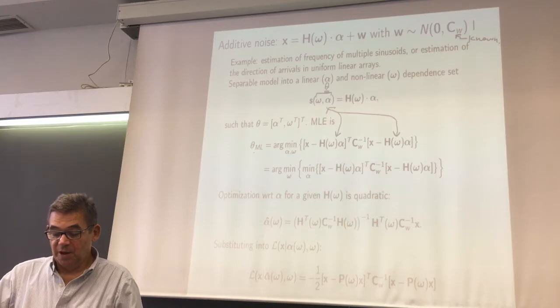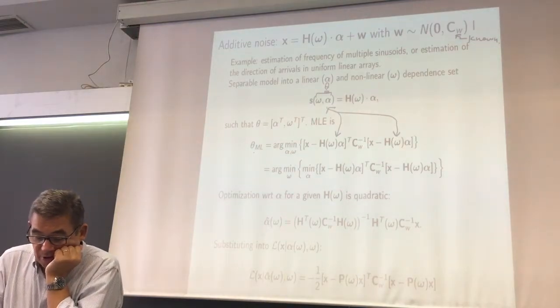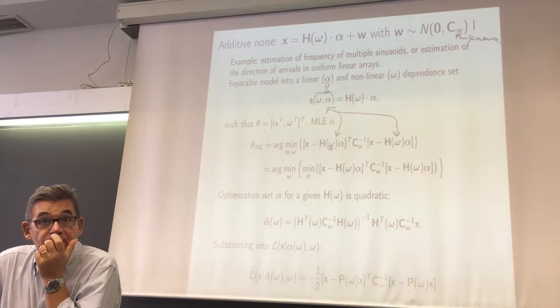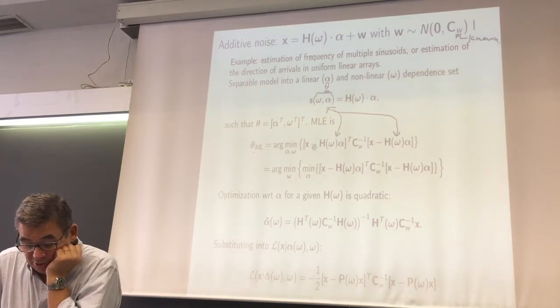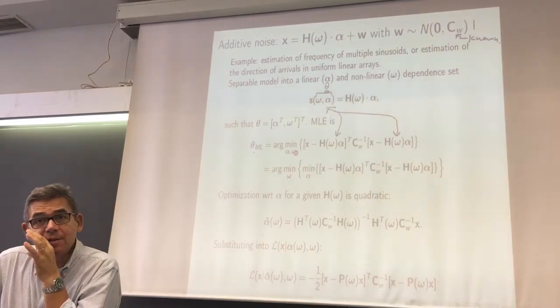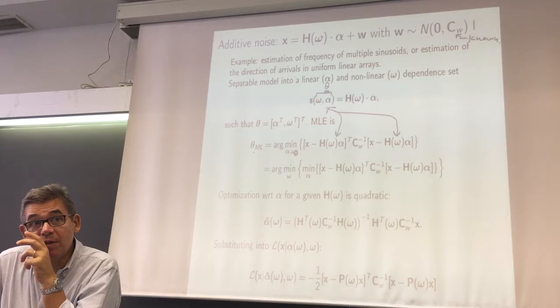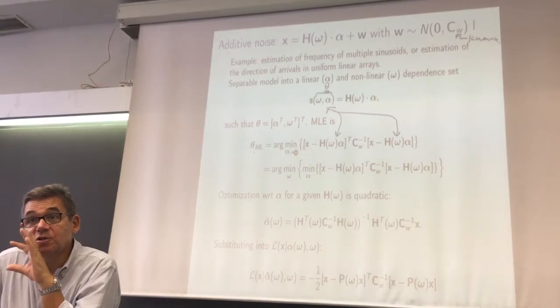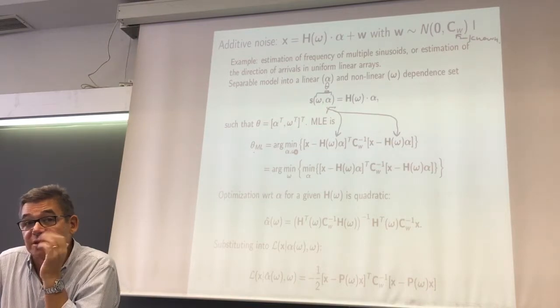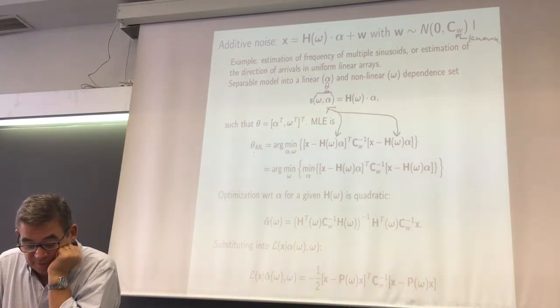Looking at it this way, the problem is quadratic in alpha and nonlinear in omega. My goal is to minimize with respect to alpha and omega. Optimizing with respect to alpha is kind of easy. Optimizing with respect to omega, I need to see. So let's move forward.